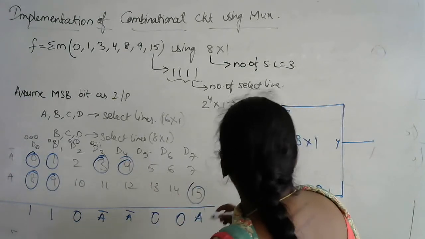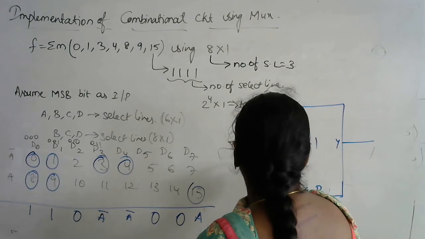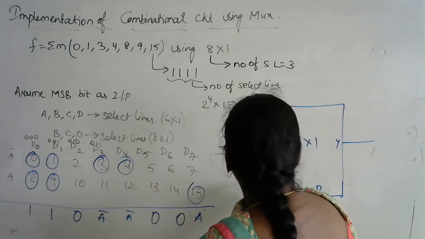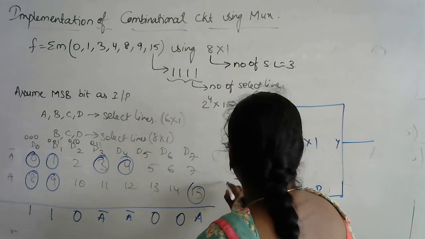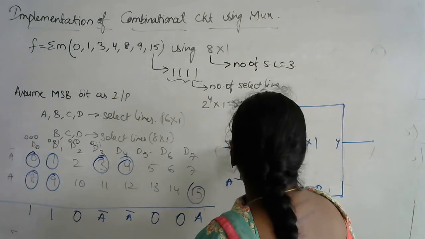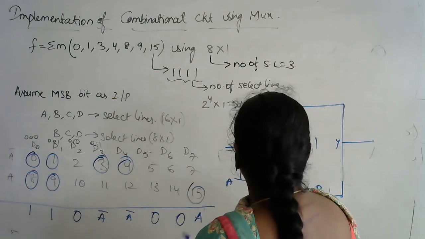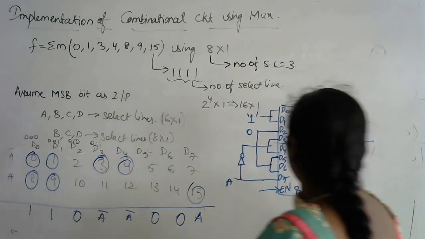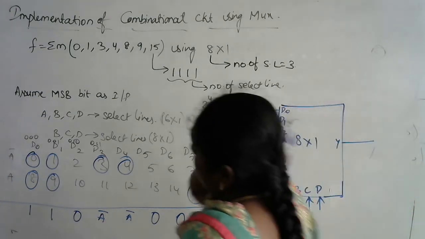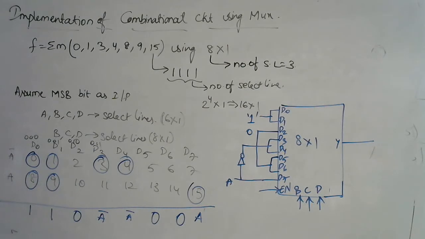D3, D4 are A bar. D3, D4 are shorted. Connect them to A bar. Which one is A? D7 is A. So this is A. From this give a NOT gate and connect it to D3, D4. This is how to implement a given Boolean function by using an 8 by 1 multiplexer.